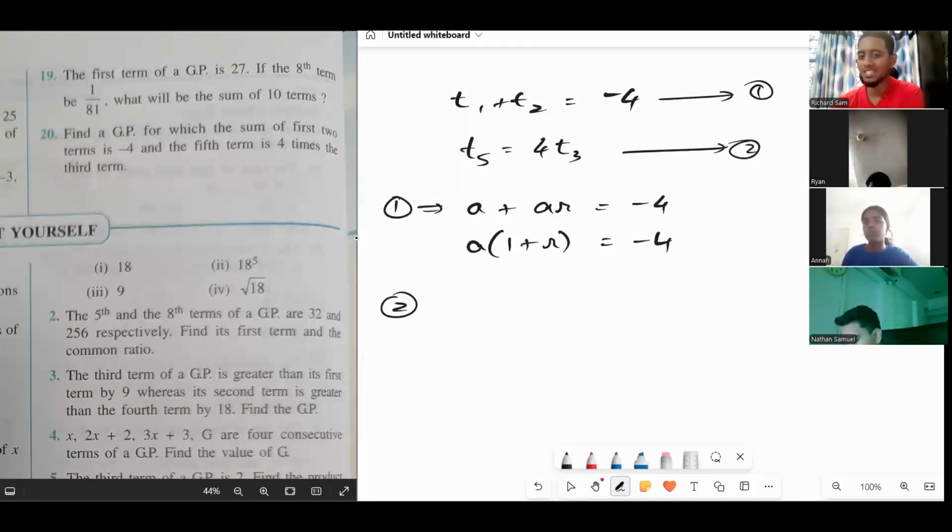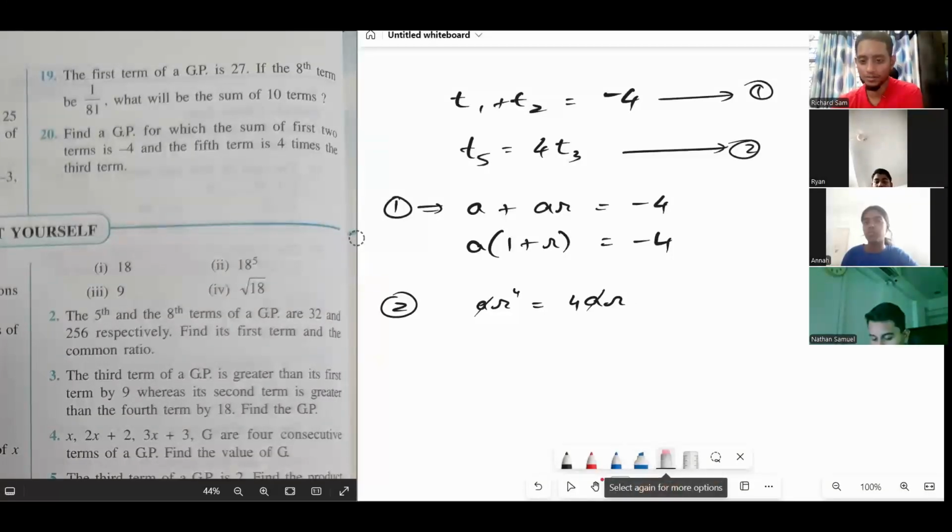Second equation, do the same thing. T5 means AR raised to 4 is equal to 4 into AR raised to 3. We can cut the A and the A because it's all multiplication in between. So what we have?